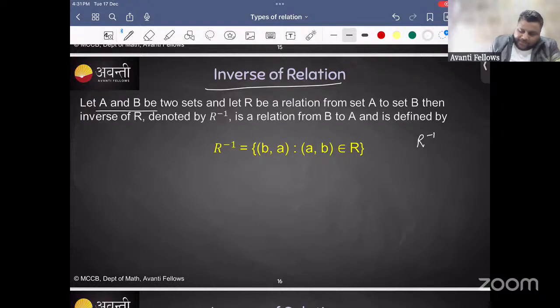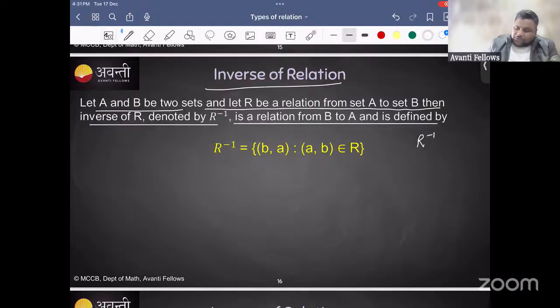So if A and B are two sets and R is a relation from A to B, then the inverse of R, denoted by R inverse, is the relation from B to A defined by (b, a), if (a, b) belongs to relation R.